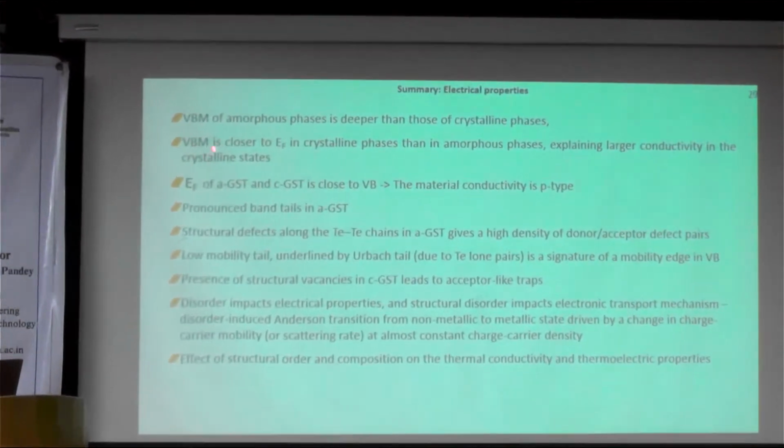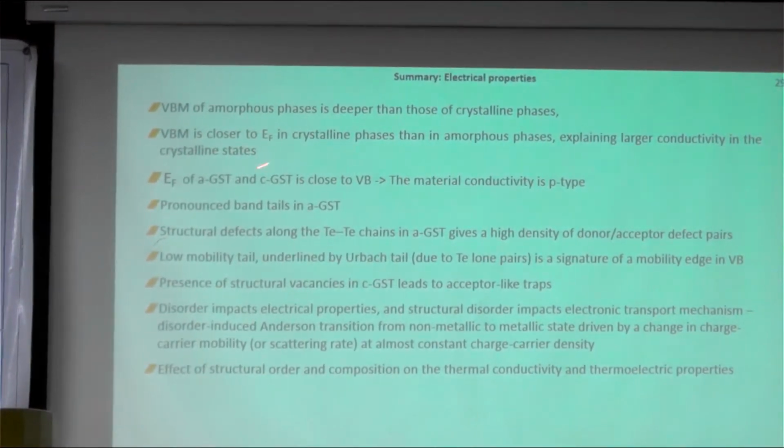Then the Fermi level in crystalline phases is closer to the valence band compared to amorphous phases, and this explains the large conductivity in the crystalline states. The Fermi level of both amorphous and crystalline phases is closer to the valence band, and the conductivity of the material is p-type. We also know about the pronounced band tails in amorphous GST.